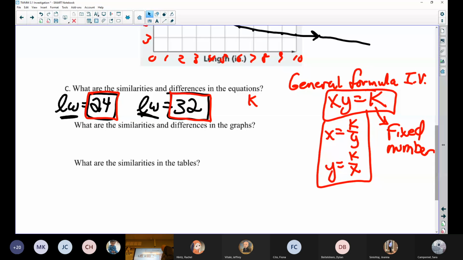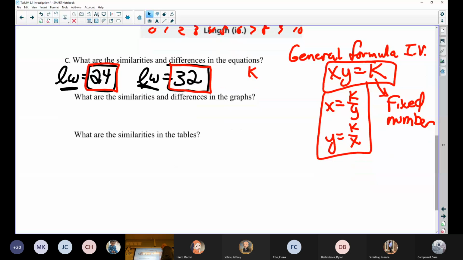Now, what are similarities and differences in the graphs? Well, obviously the one big similarity is what? Between the two graphs on the first page and the second page. They're both inverse variations. Right, but what does the graph look like? It's decreasing. What does the line look like? The shape of the line.